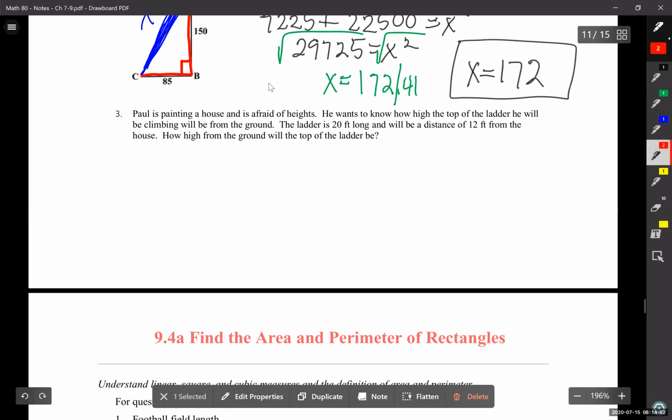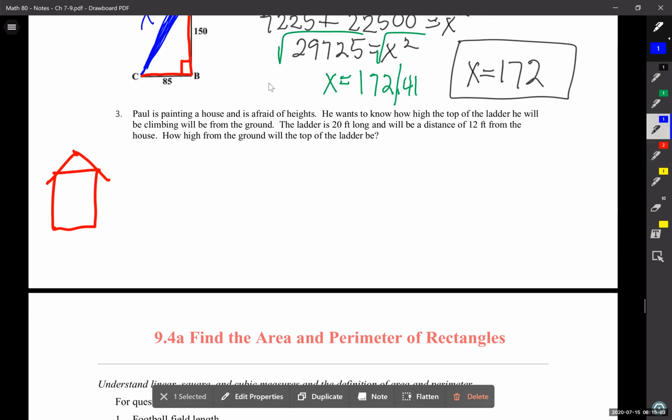All right, so let's draw Paul's house. Here is his house. See, this is why he's painting it, because it's bright red. Nobody wants a bright red house. Just kidding. Okay, so here's my ladder, and he wants to know how high off the ground he is going to be. That's what we're trying to find out. We know that the ladder itself is 20.